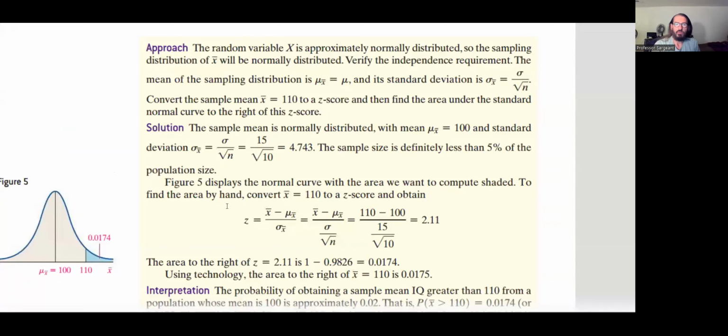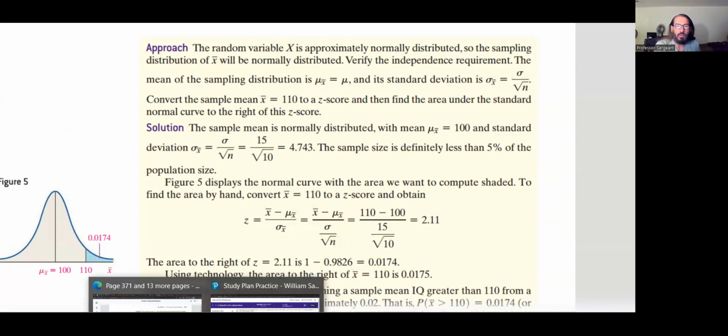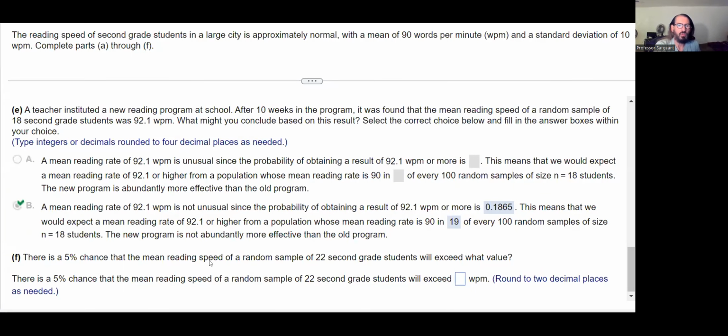If we had done those previous questions by hand, we would have calculated z-scores, then looked up in the table. So we would have gone from X bar to Z to a probability. Now they're giving us a probability or a proportion. Turn that 5% into 0.05.